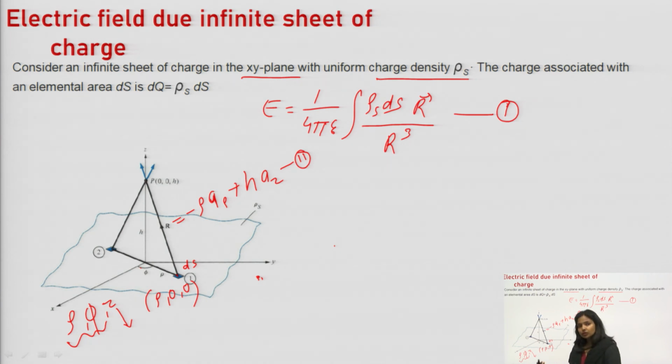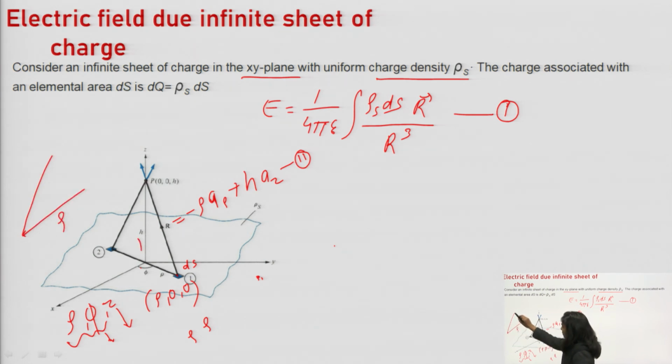So, we need to convert this angle into a distance term, and any angle can be converted into a distance term by transforming it into an arc. If this is rho and this angle is phi, then this arc will be equal to rho phi.